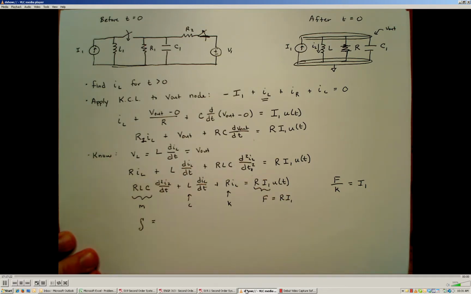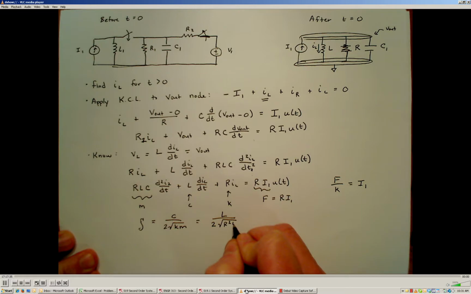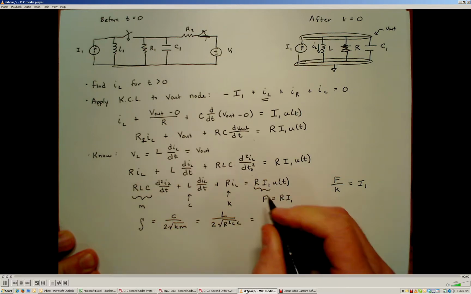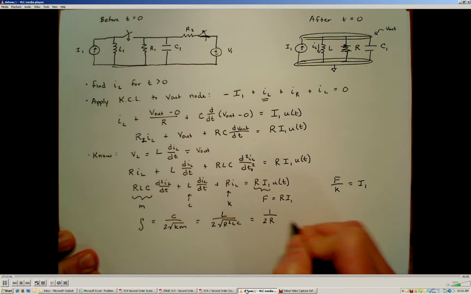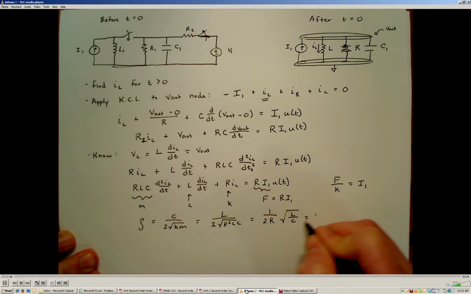So my damping ratio is defined as C over 2 times the square root of KM. C is L over R squared LC. And doing some algebraic simplification on that, I wind up with 1 over 2R times the square root of L over C must be equal to the damping ratio.